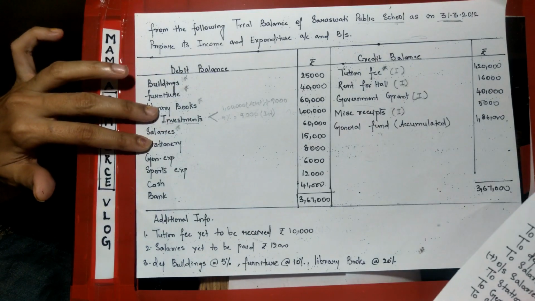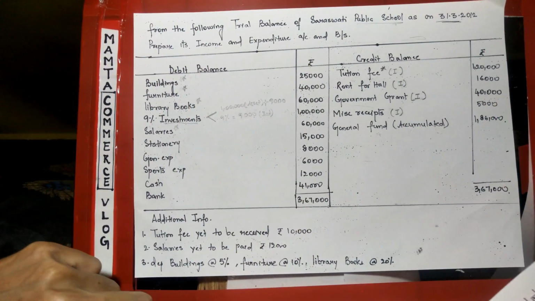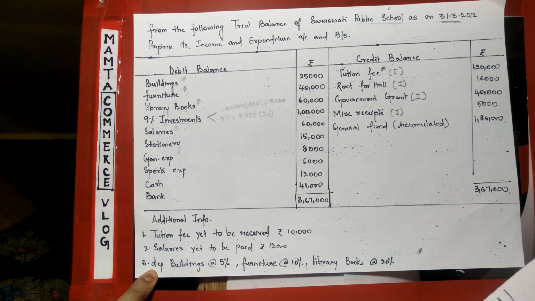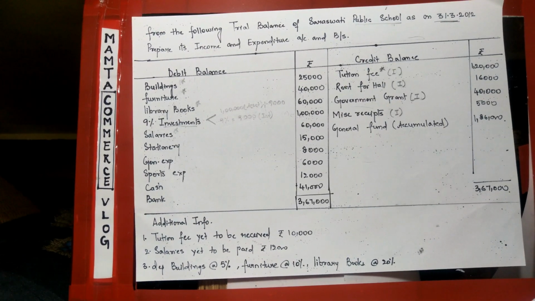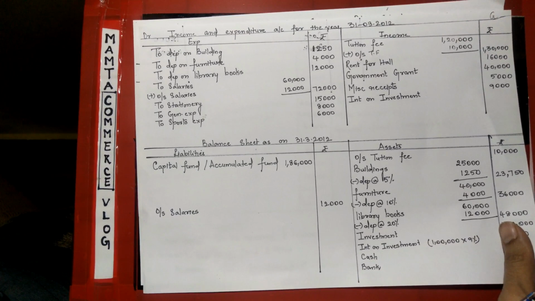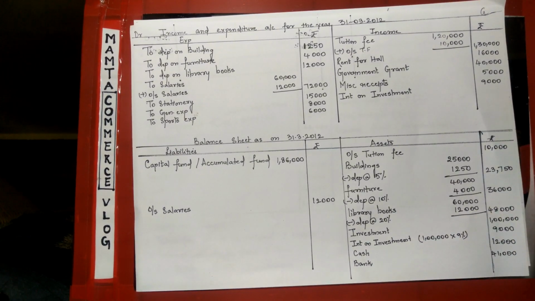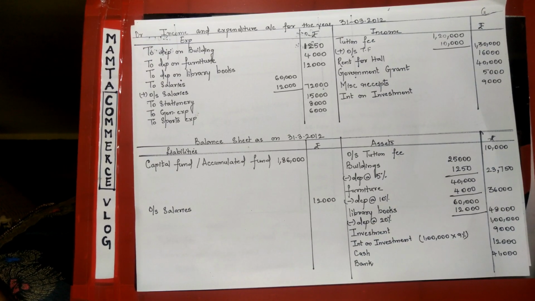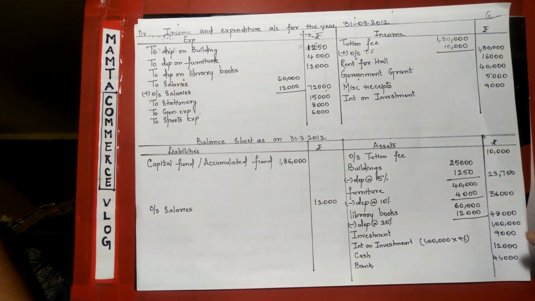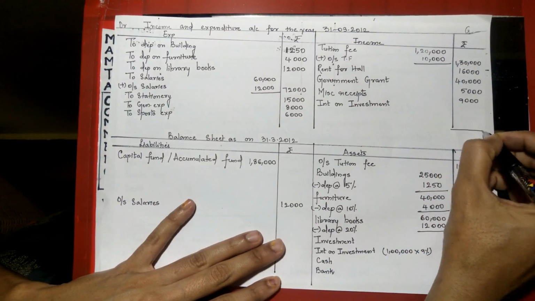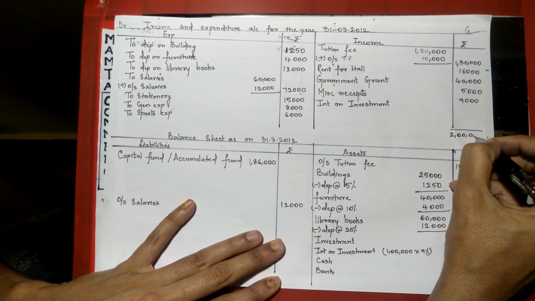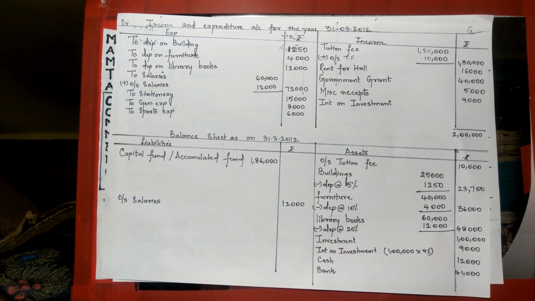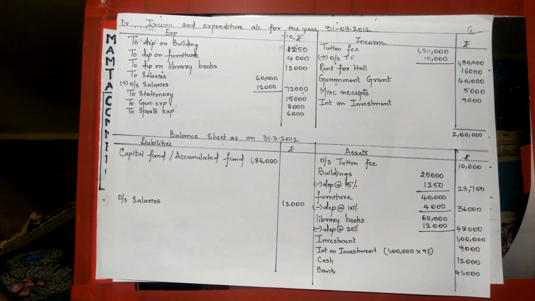So we have covered almost all the points from the trial balance, and also we have made the additional adjustments. So now let us see whether we got deficit or surplus. On the credit side of your income and expenditure account, the total is 2 lakhs. And on the debit side, let us calculate the total.